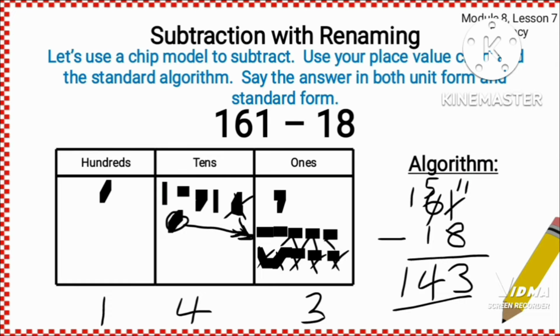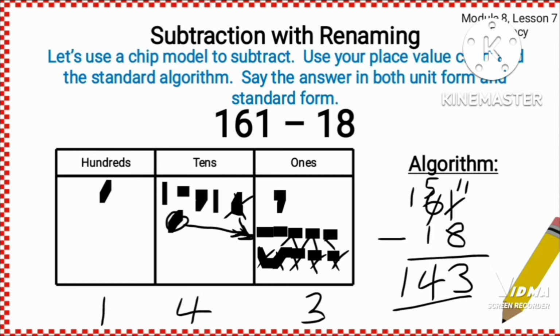If you look at my 1 ten and 10 ones, I had to decompose that and then remove the 8. When I remove the 8, I have 3 left. So my answer becomes 143 because I have to also remove 1 ten from the 6 tens. Remember, I've decomposed 1 already.